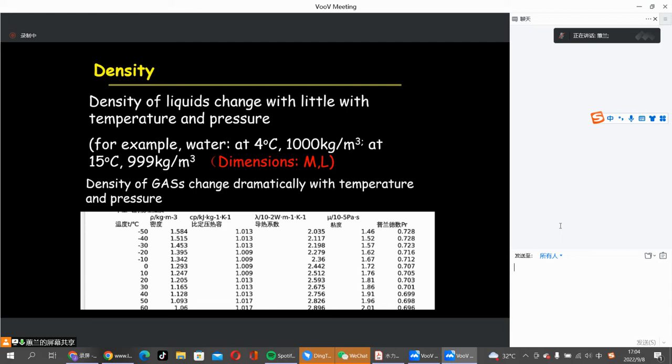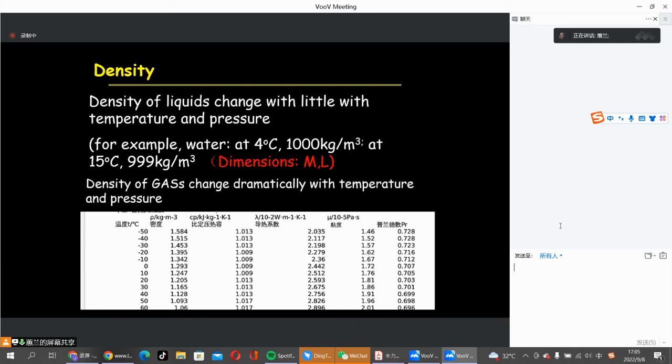They are almost fixed values. For example, for water, when it increases from 4 Celsius to 15 Celsius, the density has only 0.1% variation.